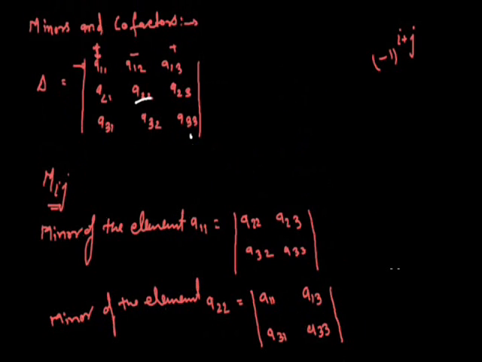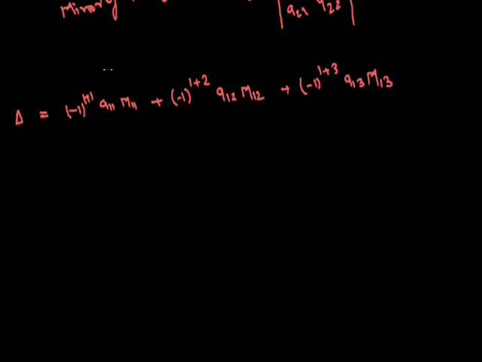Now for the A11 the positive sign comes and it is the minor M11. Then the negative sign along the A12, minor M12. Then the positive sign, then A13 M13. Now it is the expansion of the determinant.